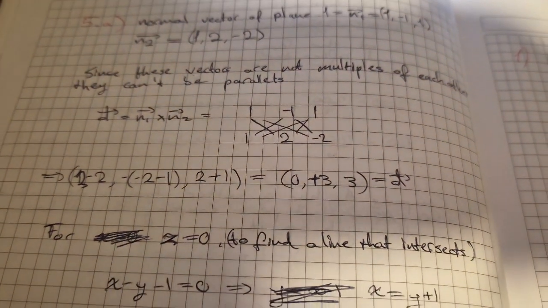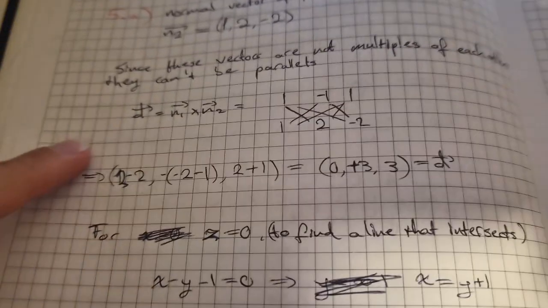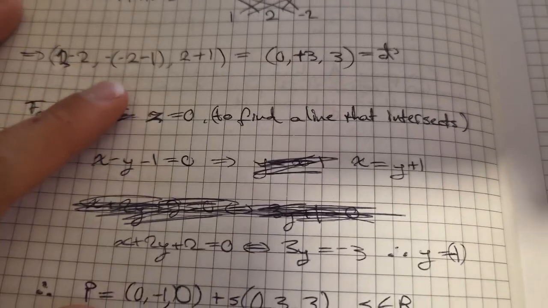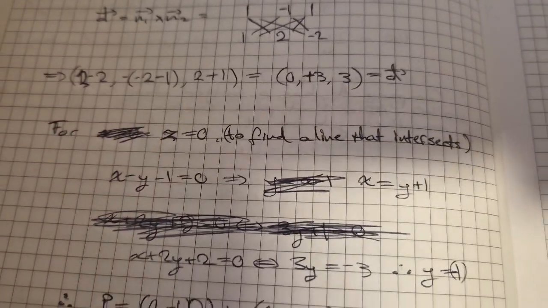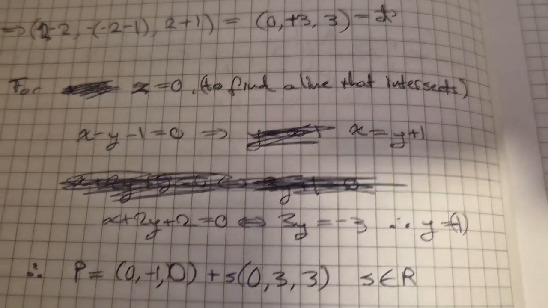Okay, now we have to look at what the equations will give us when we set the z value to 0 to find the line that passes through them, intersects with them.